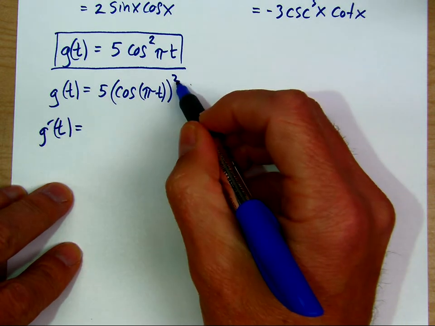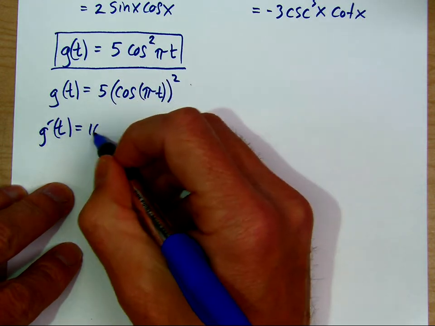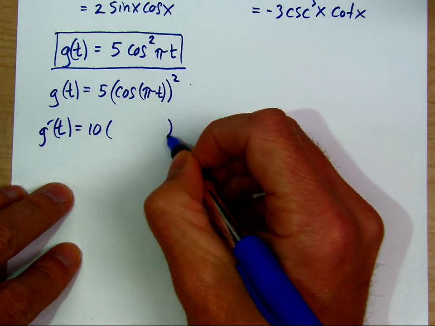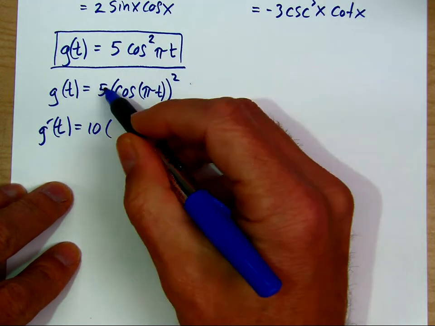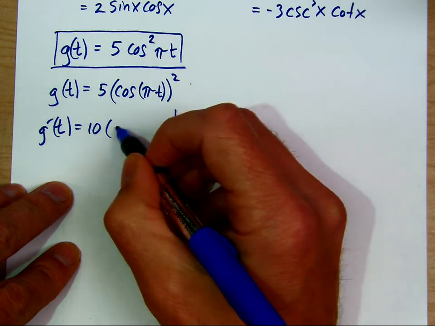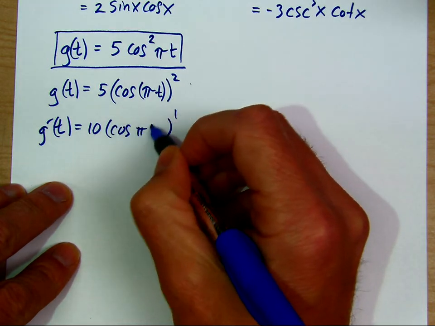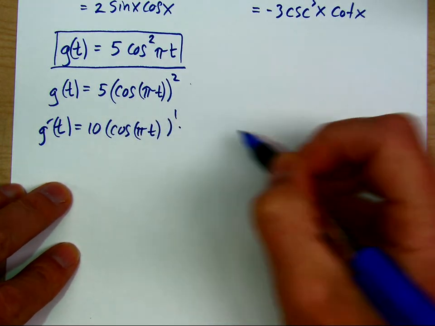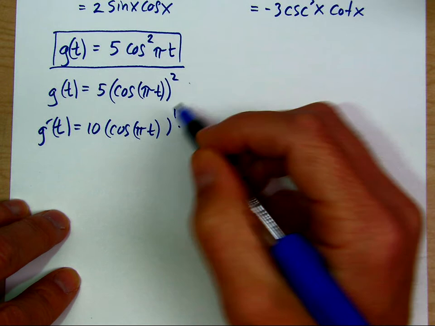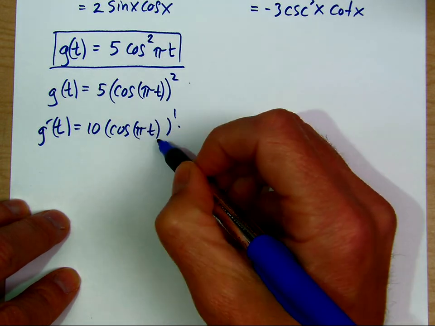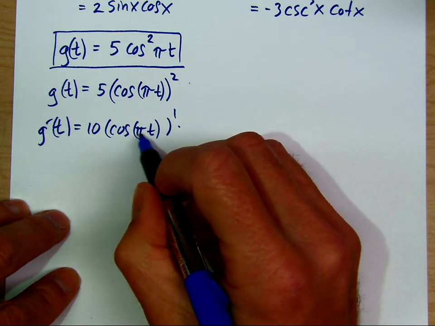Here's the outside. We have to do the derivative of the outside: 2 times cosine pi t to the 2 minus 1, leaving the inside the same. Now we multiply by the derivative of the inside. Well, that's composite, so we have another outside and an inside.